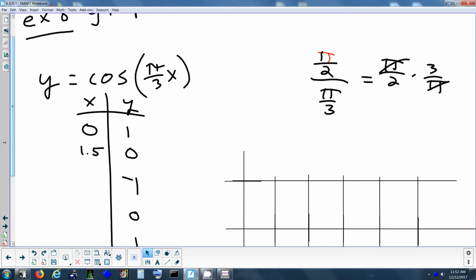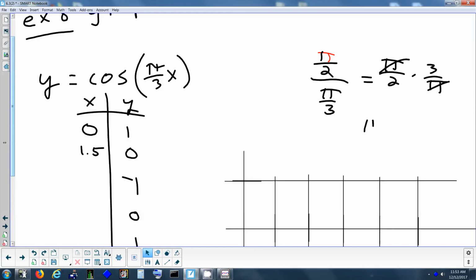And now technically we know every one of them is equally spaced, and the spacing is 1.5. So what should the next one be? Should be 3. Let's check it, and then if that pattern works, we'll just fill in the rest. The next one after pi over 2 is normally, what's right after pi over 2?